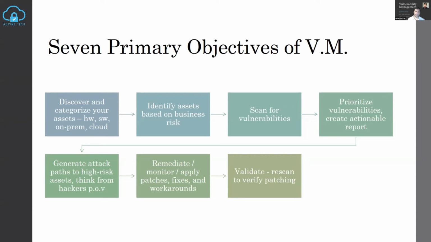Once you get the report, relating to prioritization, you can decide what to address first, whether by asset or severity. Typically these reports will have different classifications like critical, high, medium, and low. Based on the resources at your disposal and other factors, you can decide what to address first, right?